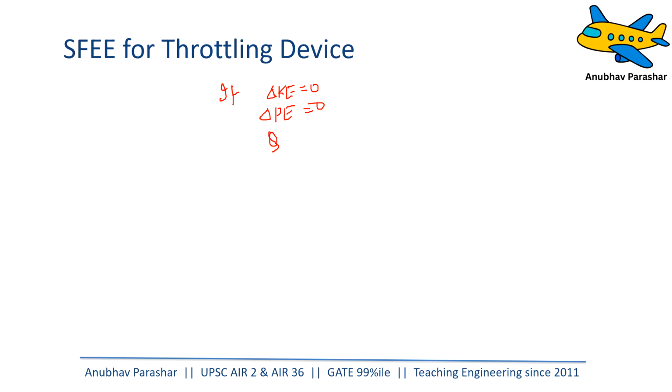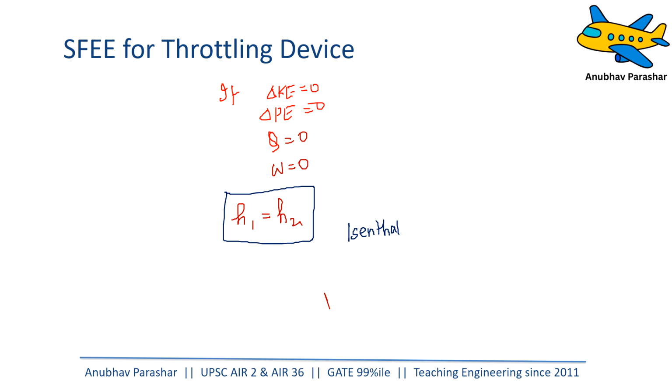Throttling devices are not work consuming or work producing devices, so work is equal to 0. So if we apply all these conditions, you can simply write H1 is equal to H2 for a throttling device. It is called an isenthalpic process.